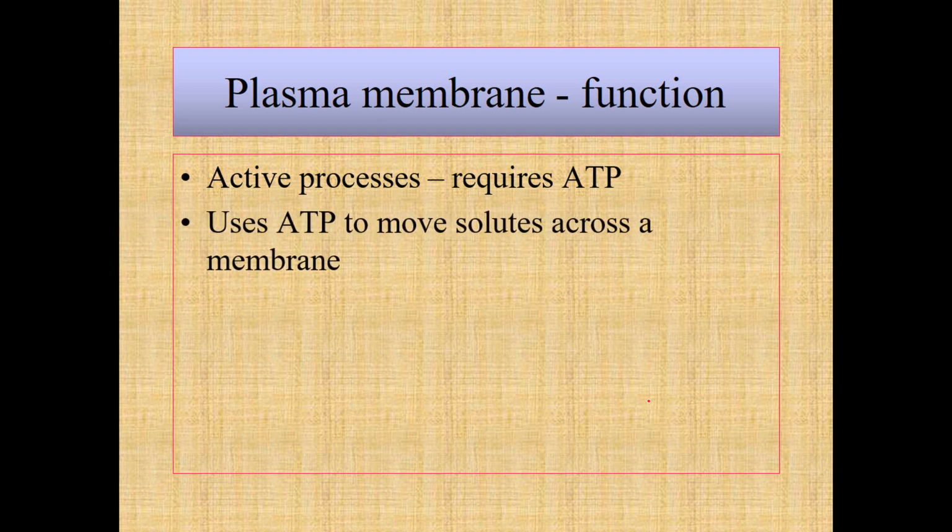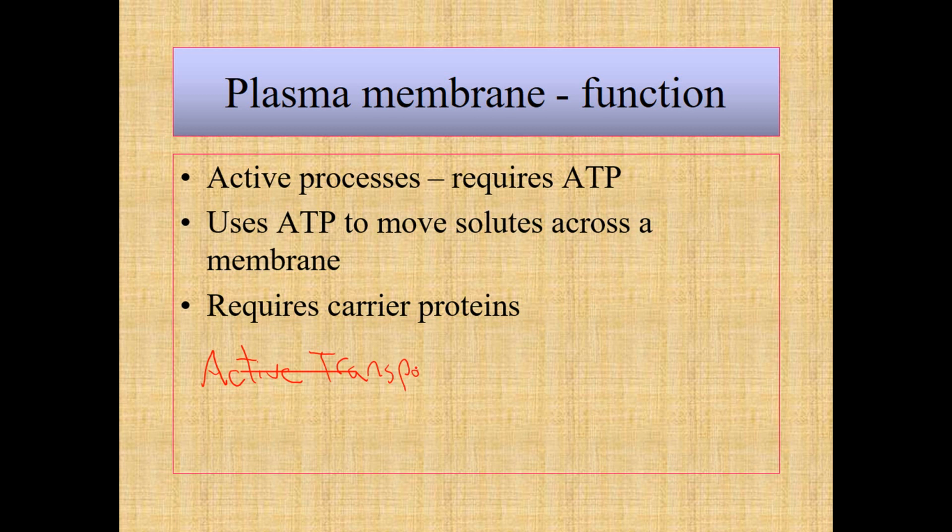Okay, I don't have it. So the first one that I'm going to cover that is not on here, at least I don't think it is, is called active transport. I'm going to back up a few slides so that you can get the definition of active transport.